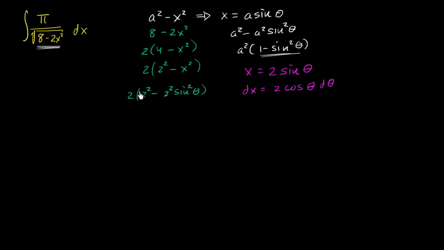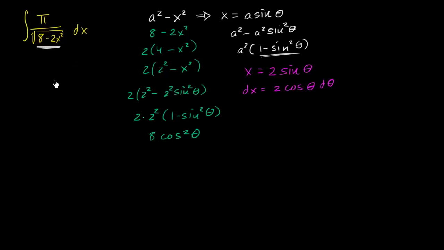And now we can factor out the 2 squared. So this is going to be 2 times 2 squared times 1 minus sine squared theta. 2 times 2 squared is just going to be 8 times cosine squared theta. That's what we have under the radical.